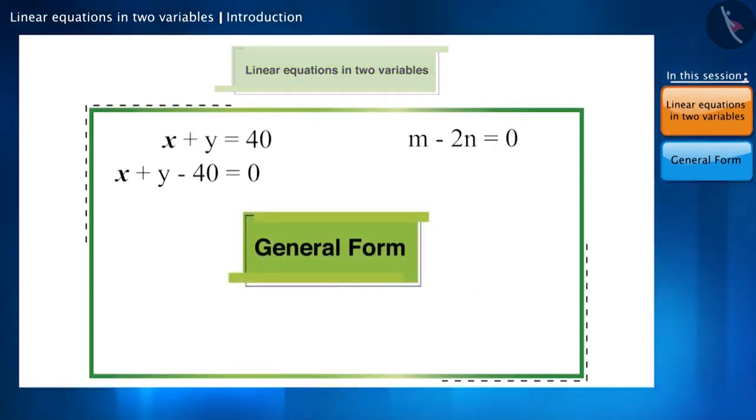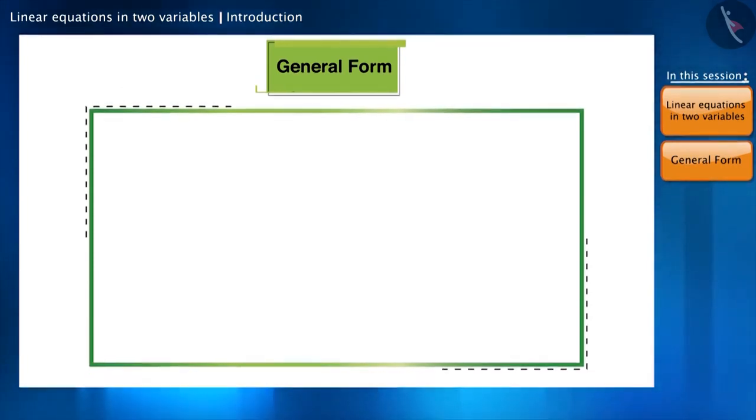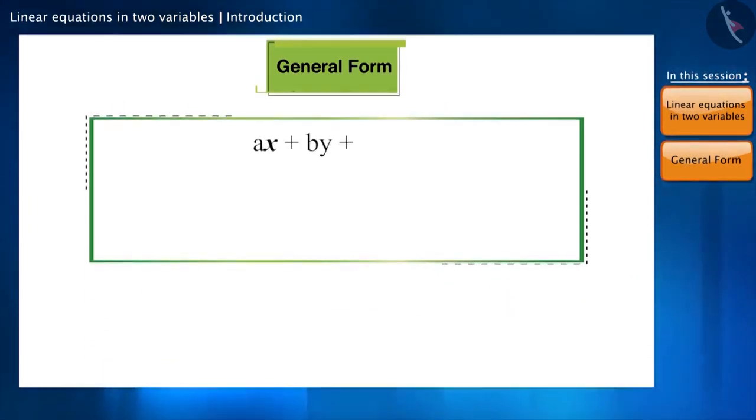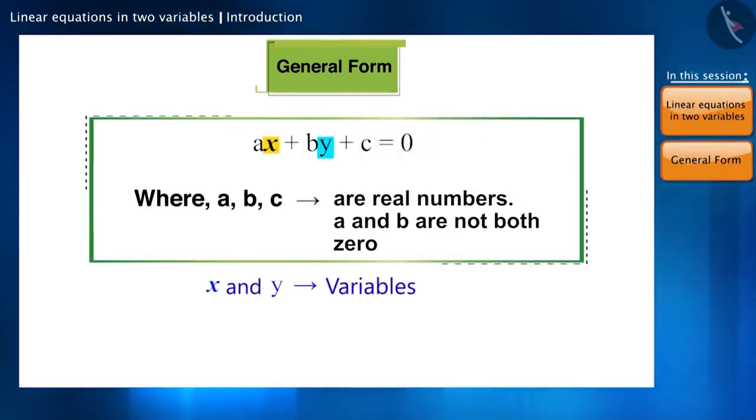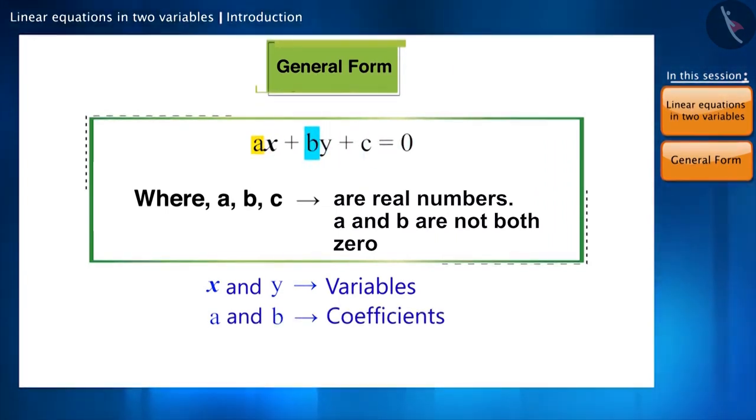And from this, we reach this general form. Generally, we write it in the form of ax plus by plus c is equal to 0. Here, x and y are the variables, a is the coefficient of x, b is the coefficient of y, and c is the constant.